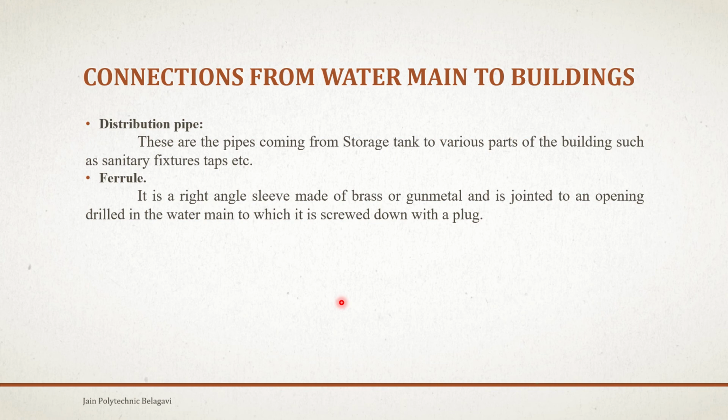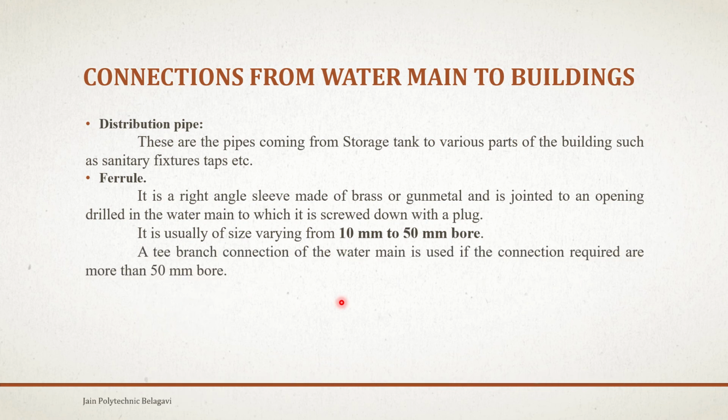If we want to take out the water from the water main, we provide this right angled sleeve made of brass or gunmetal, using a plug. It is usually varying from 10 to 50 mm in bore, and a T branch connection of the water main is used if the connection required is more than 50 mm bore.